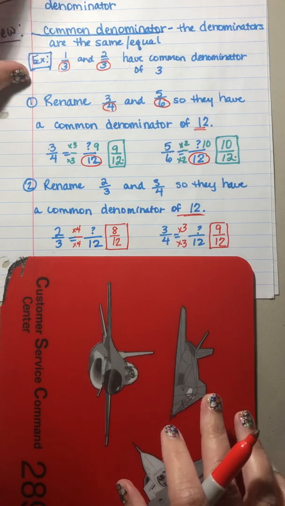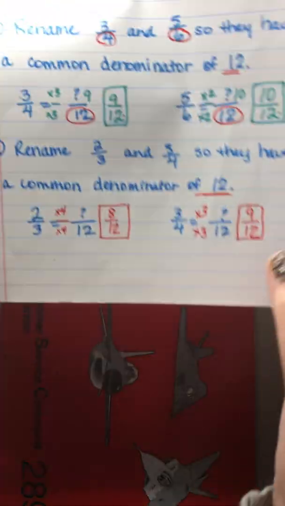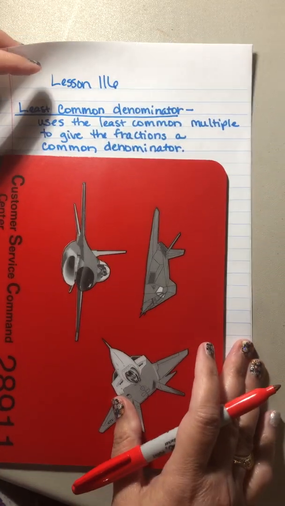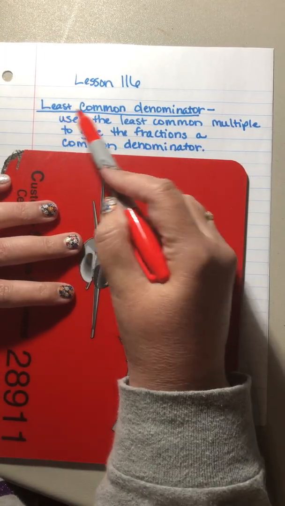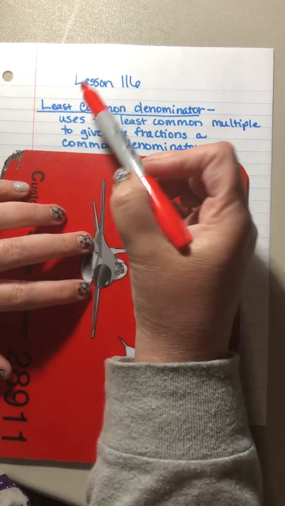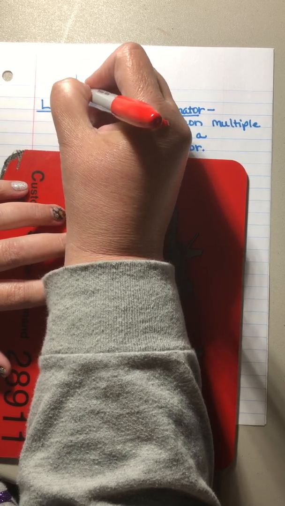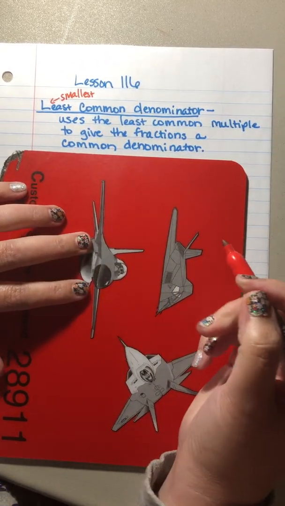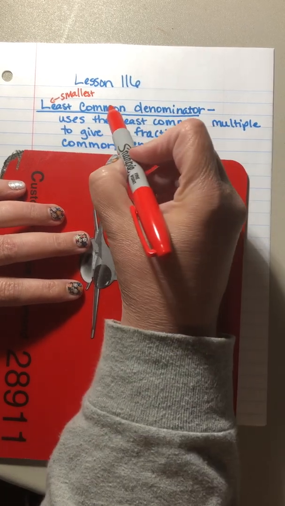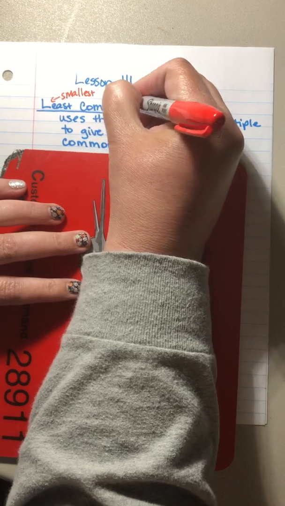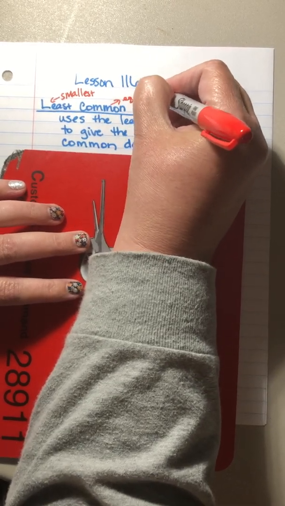Okay, so now, going on to the next step, we will use that information and find, for two fractions, their least common denominator. Least, we always know, means smallest. It's a word that's more common for us to use. And we know a common denominator means both of them have it, or common, equal, or same.